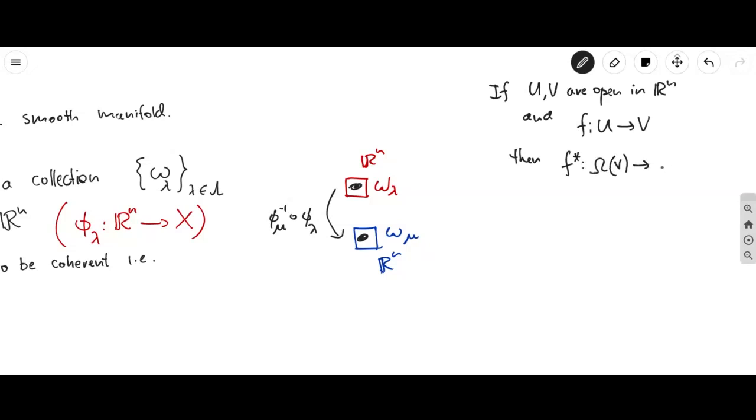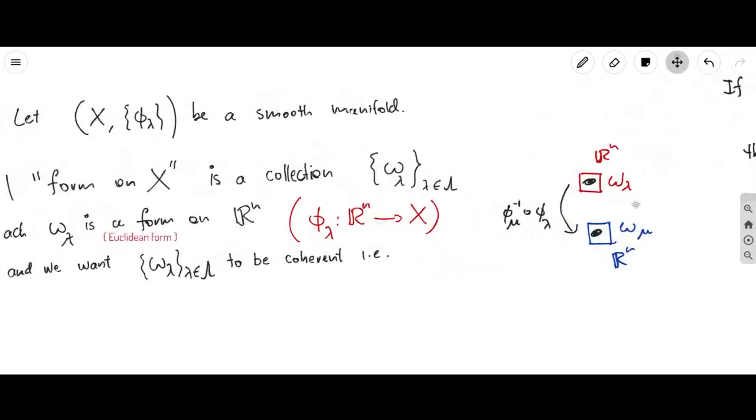It takes you from forms on V to forms on U. And it's basically given by substitution: if you have a form on V, the way you get the other form, F upper star of omega, is you substitute the function into the form. And this is what we talked about last time. This is known as the pullback operation, that a form on the codomain can get pulled back and it gives you a form on the domain. So we're going to use the pullback operation over here.